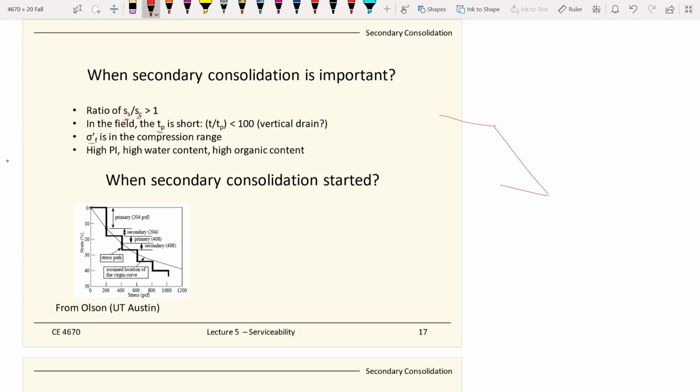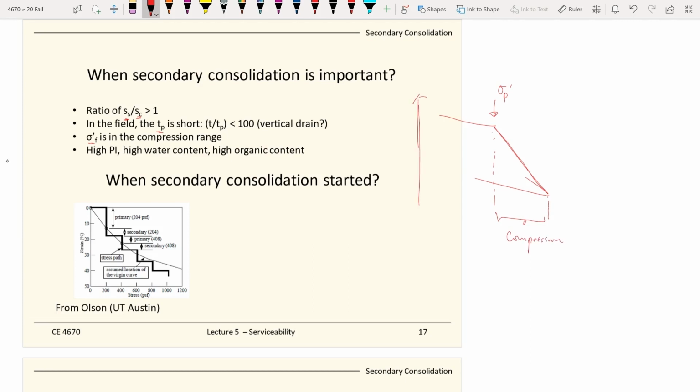This is the maximum past pressure, and your initial stress could be anywhere, right? And then this region here is the compression, the virgin compression part.